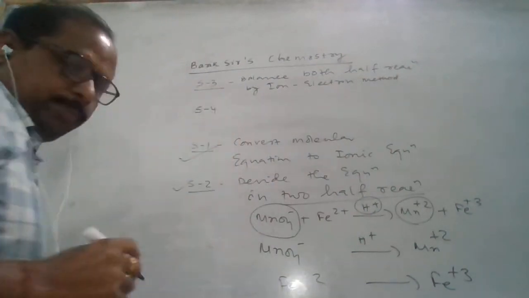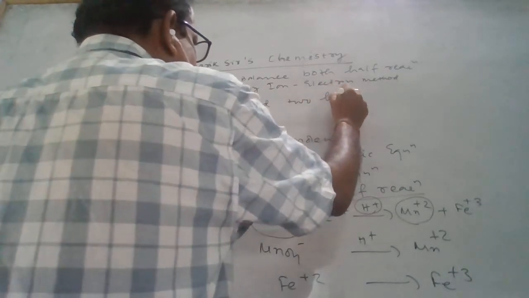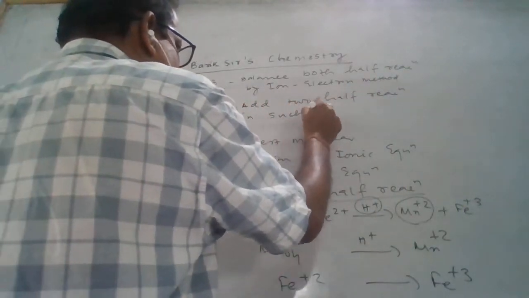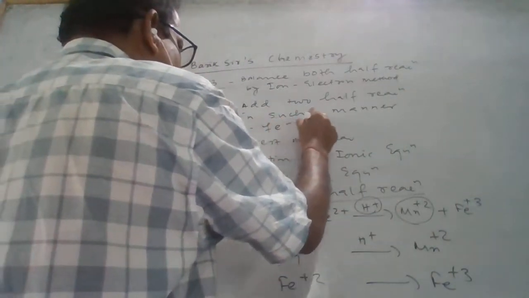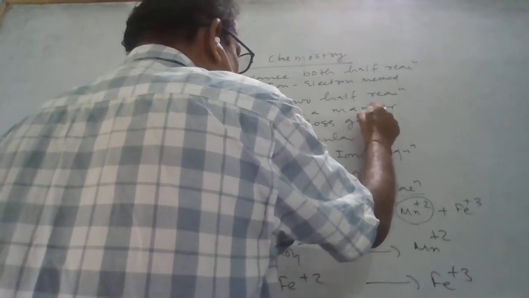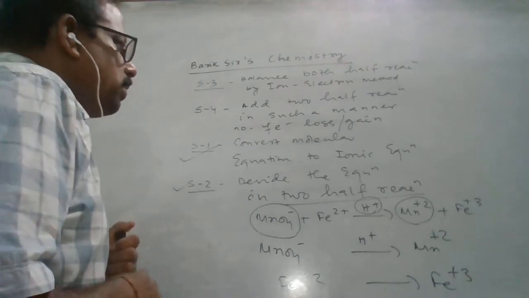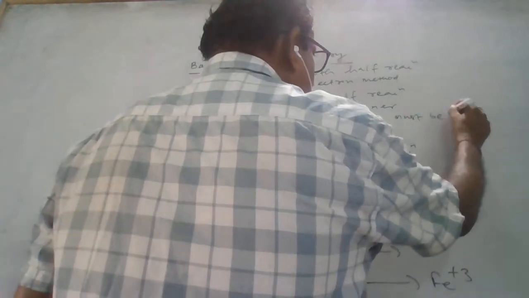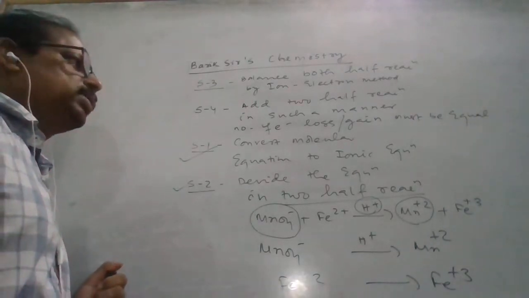And step 4: add the two half reactions in such a manner that the number of electrons lost and gained must be equal.